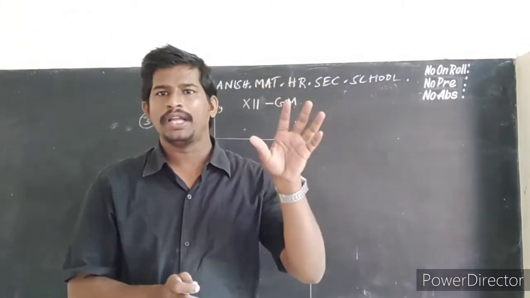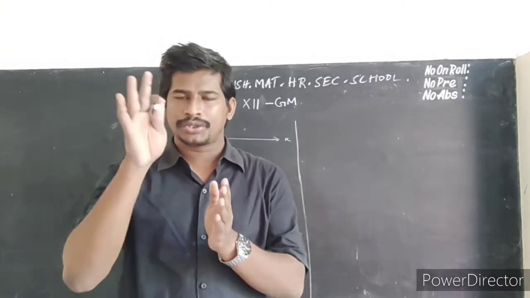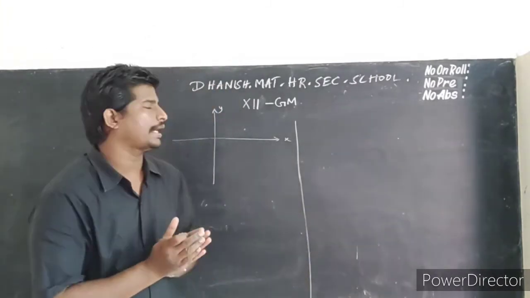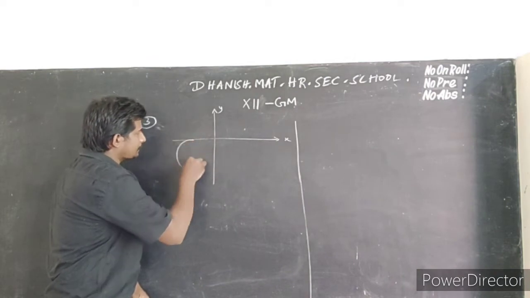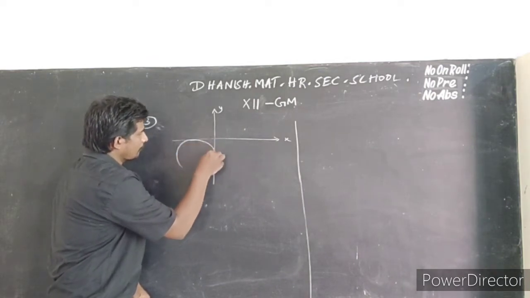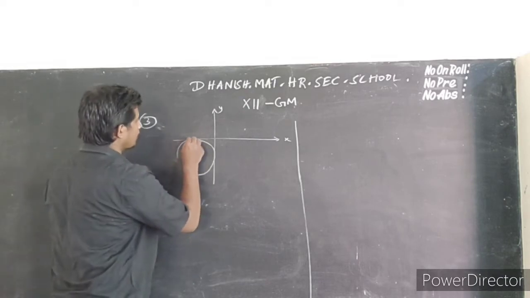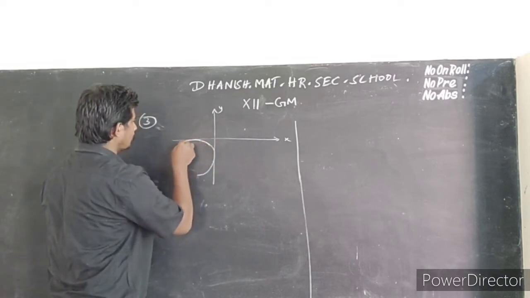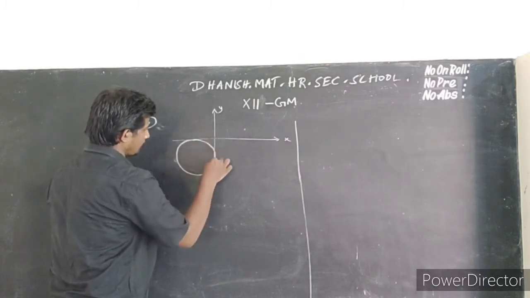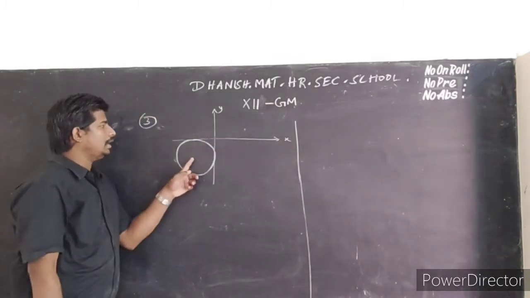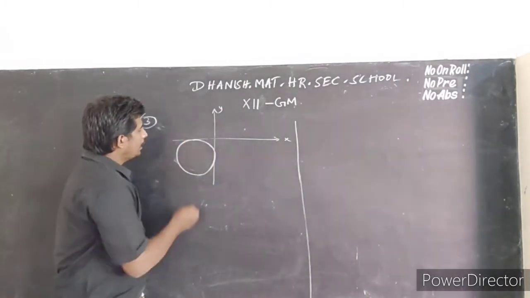Since the point lies in the third quadrant, our circle will be like this. See, look at the circle. Our circle touches the x-axis as well as the y-axis.